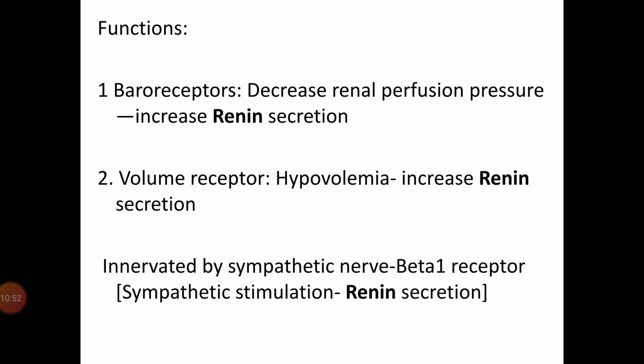Okay. So when there is a low blood pressure inside the afferent arteriole, eventually the pressure of the blood reaching the glomerular capillaries is also decreased, and the rate of the filtration of the blood is also decreased. Okay, so when these JG cells sense all this, they release renin, and this renin helps in the production of angiotensin II.